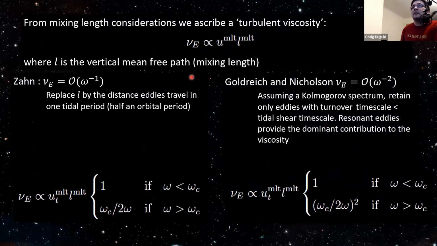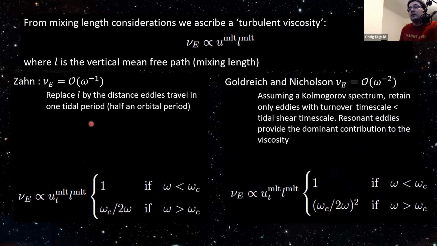All of this comes from what's called mixing length theory. We say that this effective or turbulent viscosity is proportional to some mixing length velocity times some length scale. This would be our convective velocity, and the length scale is our convective length scale, which is how far the eddy travels before it dissipates and releases its energy into the background.